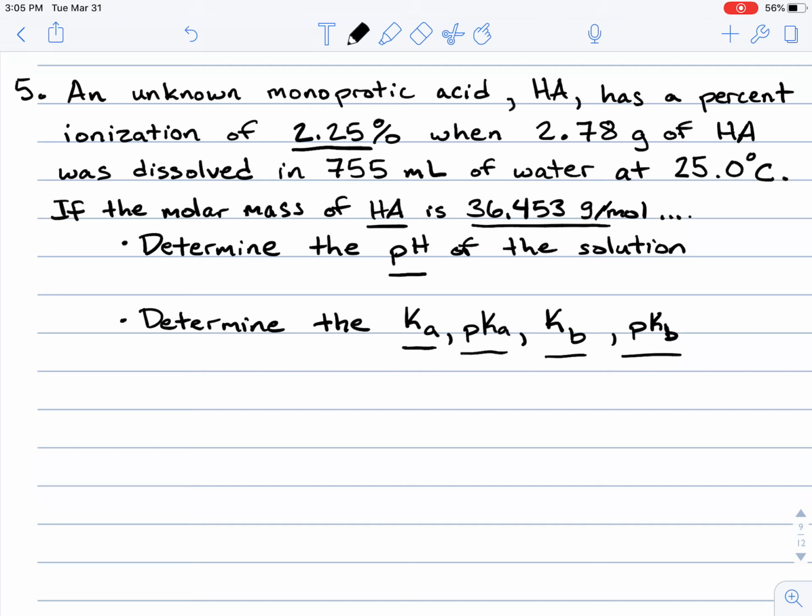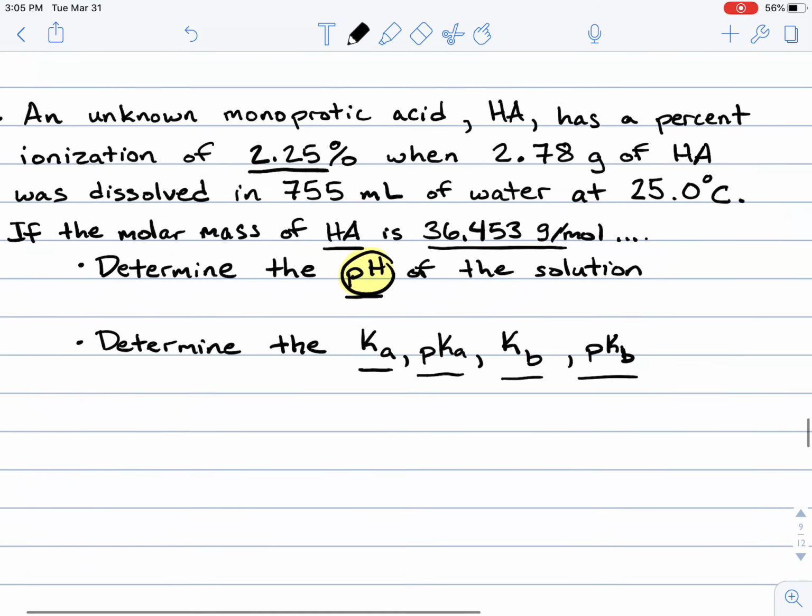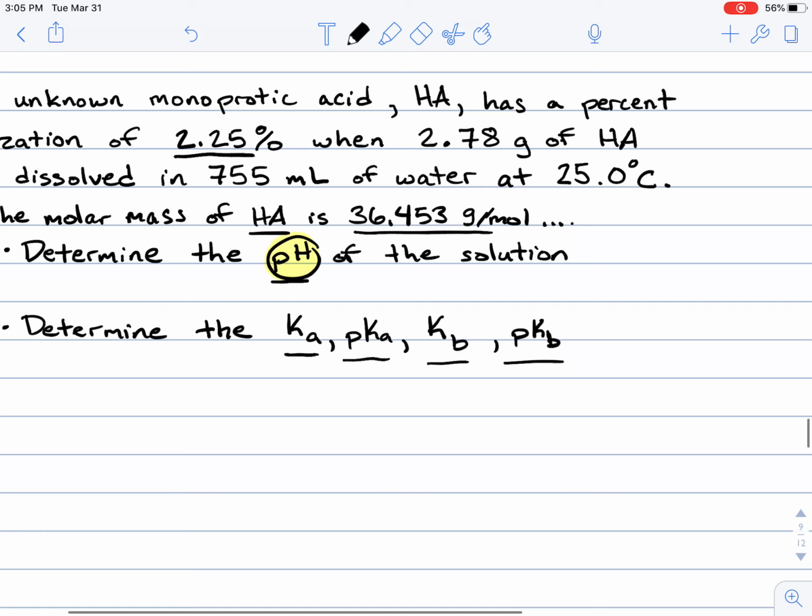All right. And so since we want to determine the pH of the solution, we've done enough of these problems where we should automatically know the general solution map and how to get the pH of the solution. And so for us to determine the pH of the solution, we need to know the concentration of H plus at equilibrium.